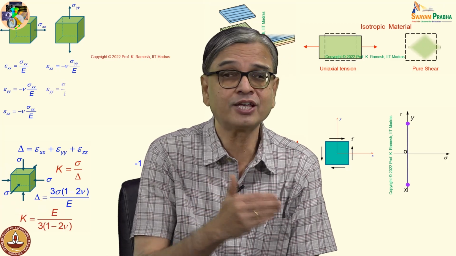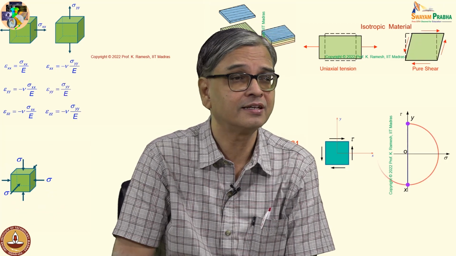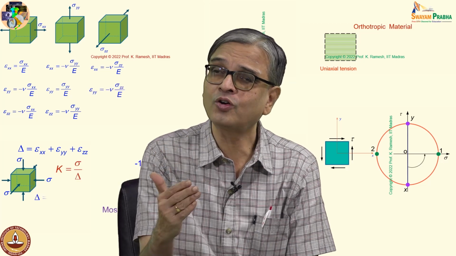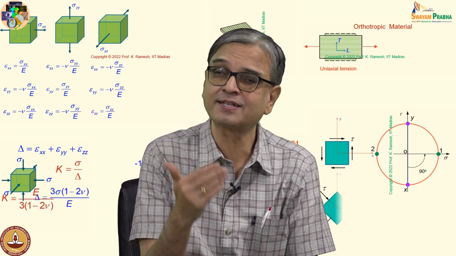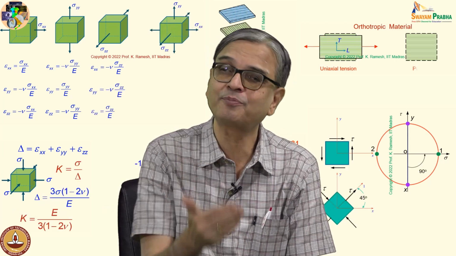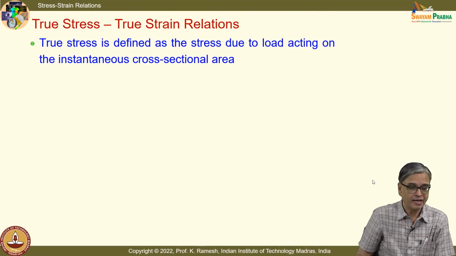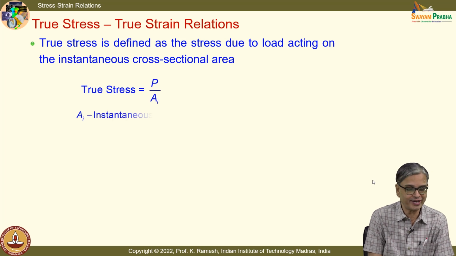test. Suppose I use digital image correlation. What was the advantage? In one go, I can measure epsilon x as well as epsilon y. I can get Poisson ratio also without putting any additional instrumentation. And I have also mentioned that there is something called true stress and true strain.